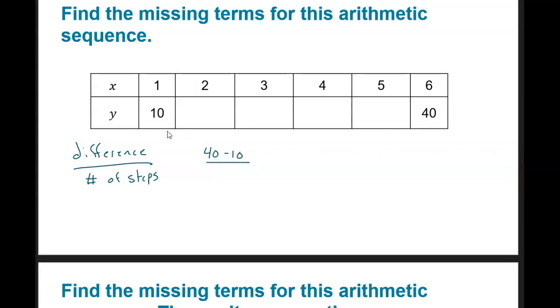And our number of steps is 1, 2, 3, 4, 5. Another way to look at the number of steps, especially if we have a lot of them, is you could just take the biggest one minus the smallest one. 6 minus 1 is also 5. So 5 steps on the bottom. 40 minus 10 is 30 over 5. So our step here is going to be positive 6. You can see we are going up, so it makes sense that this should be positive. Add 6 each time.